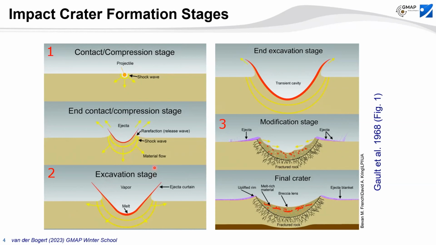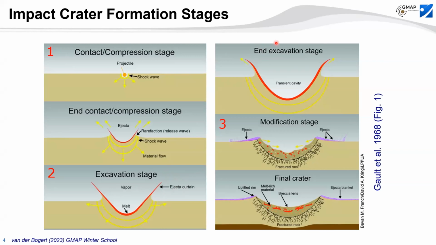So then we move into the excavation stage and we get the ejecta curtain forming. There's vapor, there's melted material, because the pressures that are achieved are up to about 100 gigapascals, and that's a high enough pressure to vaporize and melt material. So that stuff starts to then be ejected.